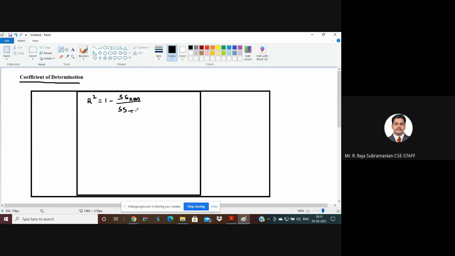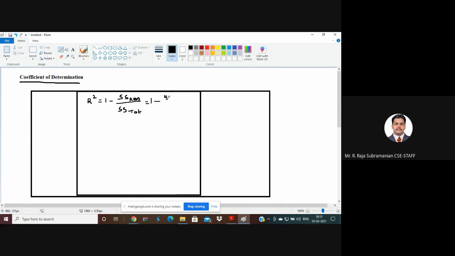So what is the RES formula? Can anyone say what RES is? The sum of squared residual errors formula? Can anyone say?